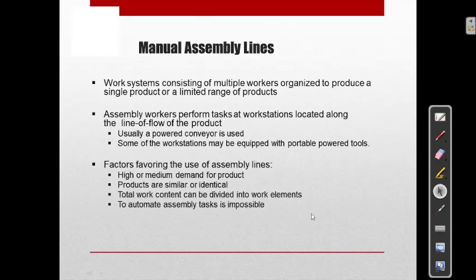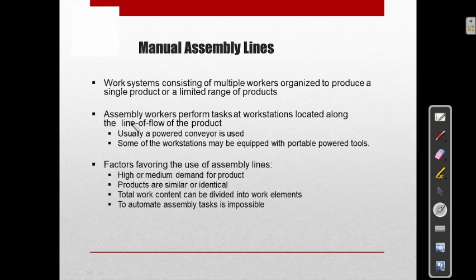Now we are going to see about manual assembly lines. They are work systems consisting of multiple workers organized to produce a single product or a limited range of products. The work system will have a larger number of workers, like some assembly stations. More assembly stations are involved in that work system.